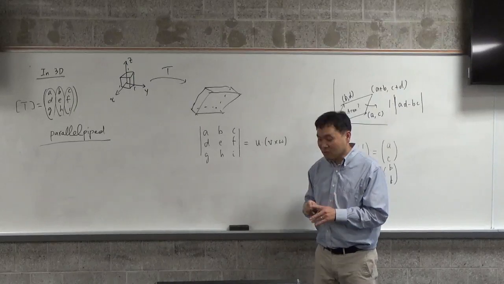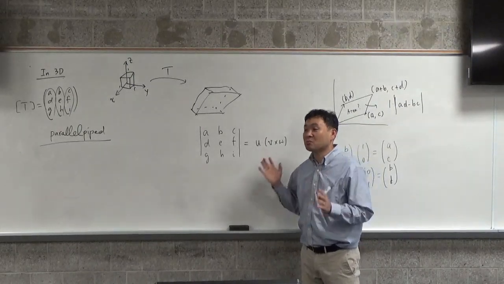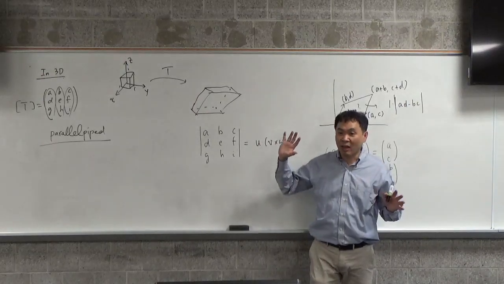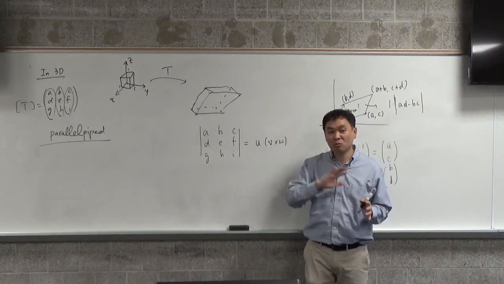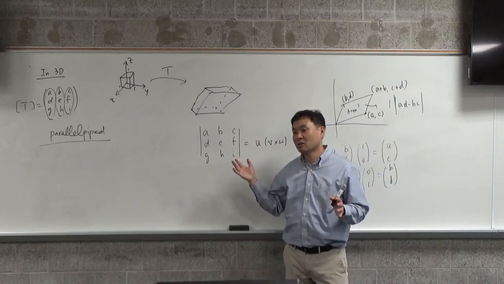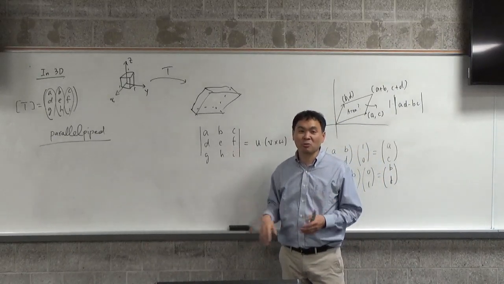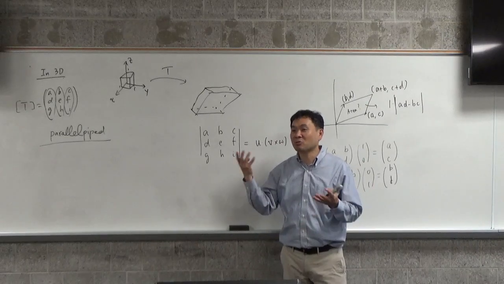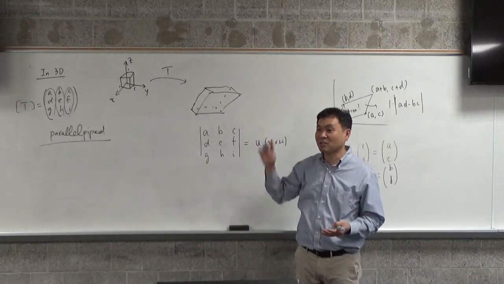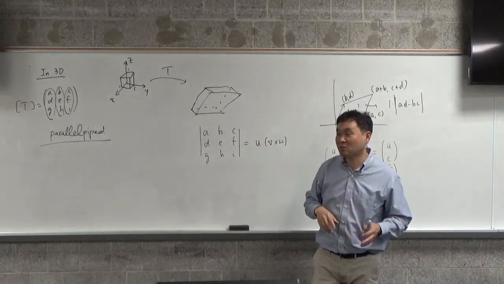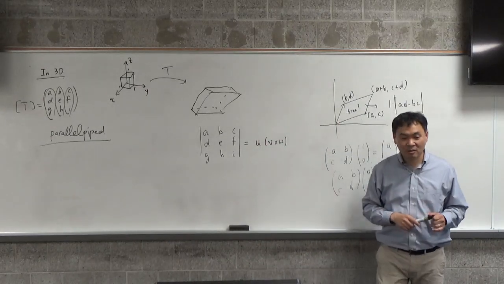But what I'm trying to say is that there's a geometrical meaning to determinants. It tells you how the area transforms, how the volume transforms, how four-dimensional volume transforms. There are volumes for every dimension, so you can have higher dimensional volume. All these will transform under the determinant.